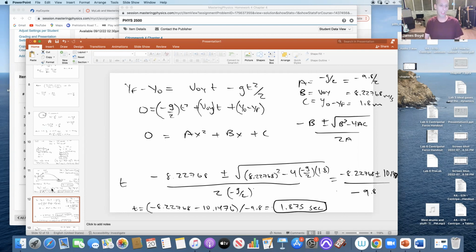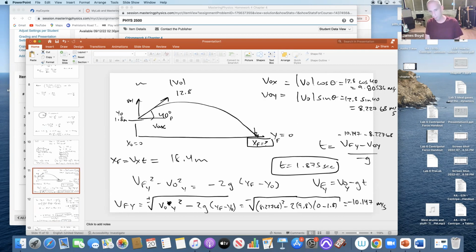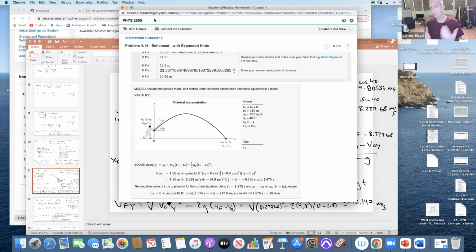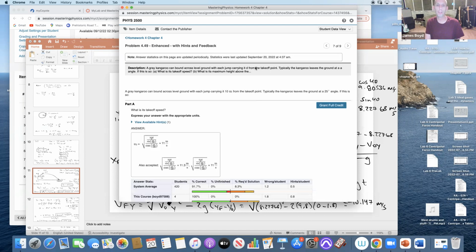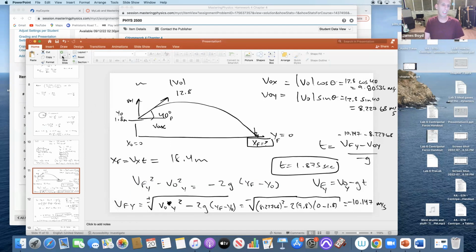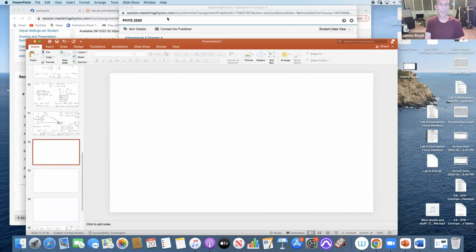To find v final, you just solve this equation for v final, and then use v final in this equation to get time. It's really up to you. Neither is more correct. I tend to mess up my quadratics, so I don't do quadratics in real life when I'm teaching, obviously.